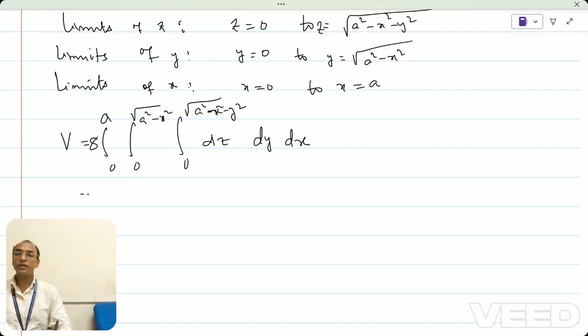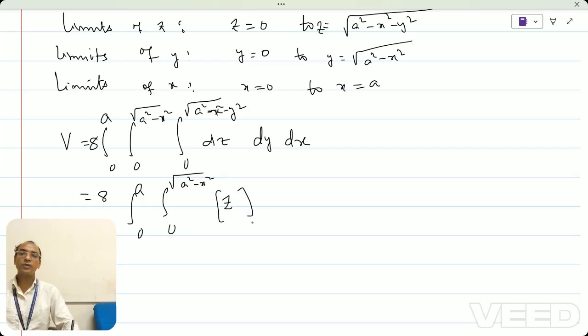Now if we evaluate this, what will happen? 8 integration 0 to a, integration 0 to root of a square minus x square, and the integration of dz is nothing but z, with limits 0 to root of a square minus x square minus y square.